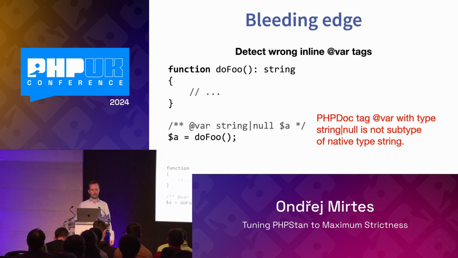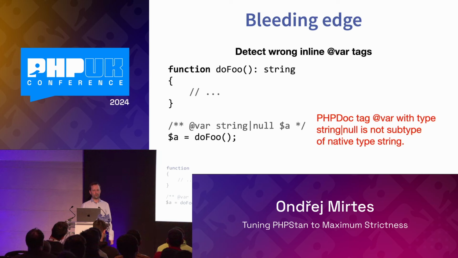And another example of what bleeding edge enables is that it detects wrong inline @var. And people use @var for different purposes. It's basically typecasting, right? Like the static analyzer doesn't know exactly what the right type is, but I know it, so I'm going to force it with the @var sign.